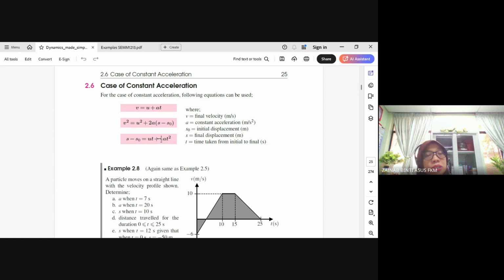But we use it for the curvilinear motion, for the xy analysis, because the acceleration here is constant, due to gravity.